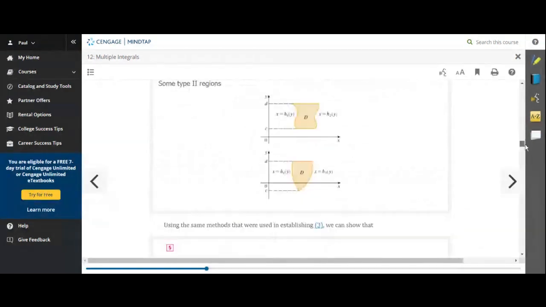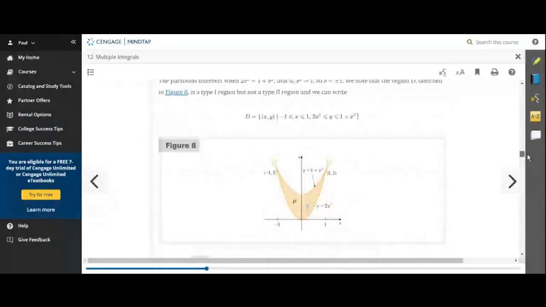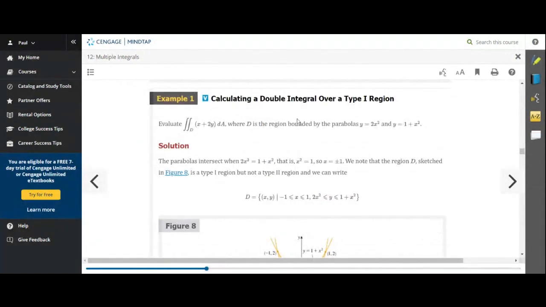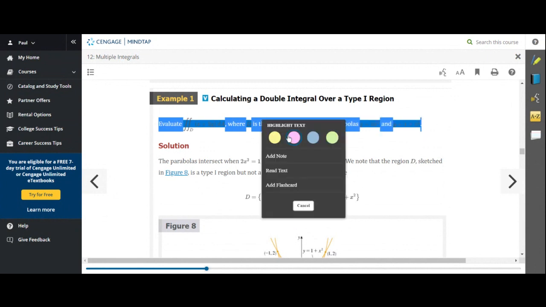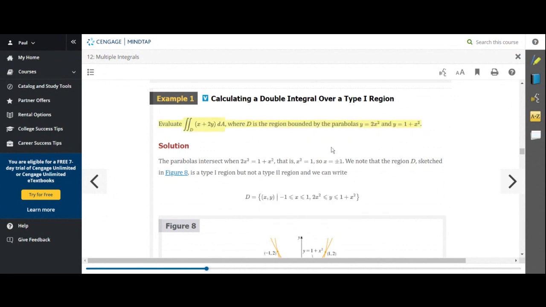So, for example, here they want you in example 1 to evaluate this double integral where the region D is a region bounded by parabolas, y equals 2x squared and y equals 1 plus x squared.